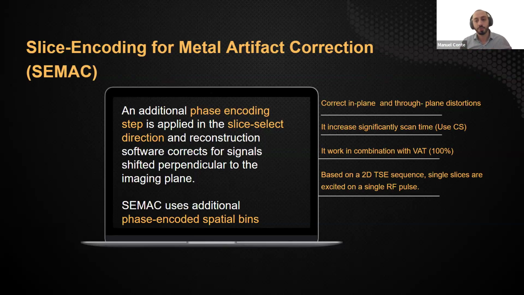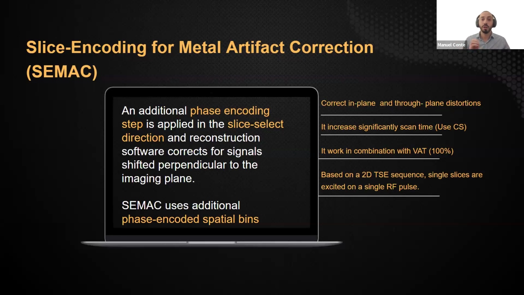So I suggest using compressed sensing, which can decrease the scan time. It works in combination with VAT. So you can use SEMAC only if you use VAT at 100%. And it's based on a T2 turbo spin echo sequence. So for every single RF pulse, we excite just one slice.